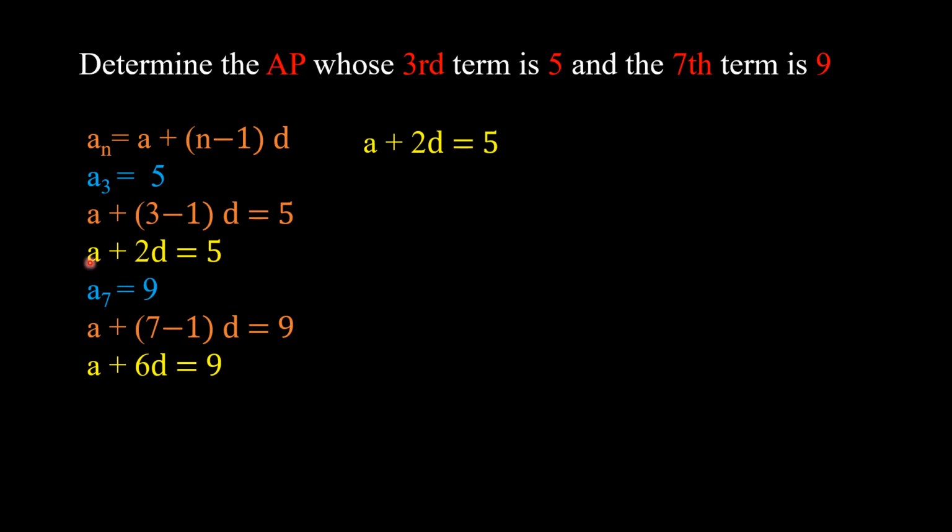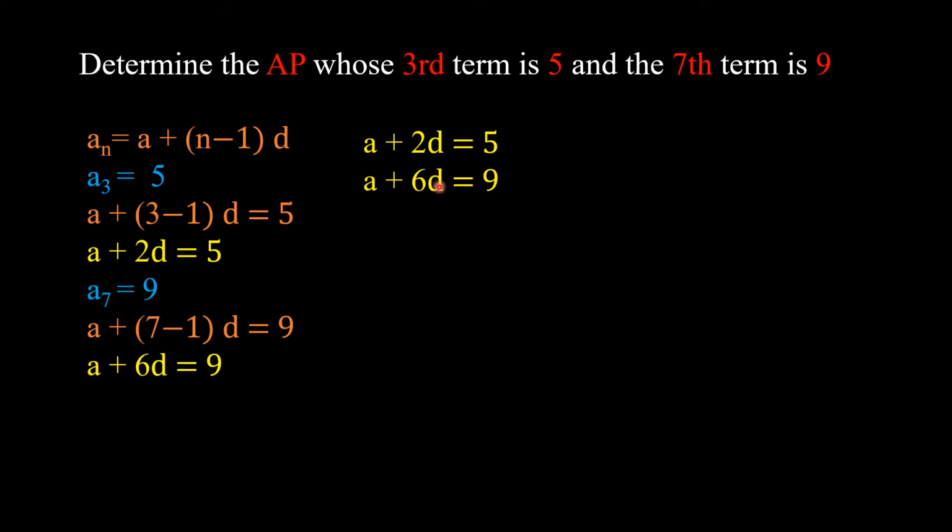Now we have these two equations: A plus 2D equals 5 and A plus 6D equals 9. These are linear equations in two variables A and D. We can solve these two equations and find the values of A and D.